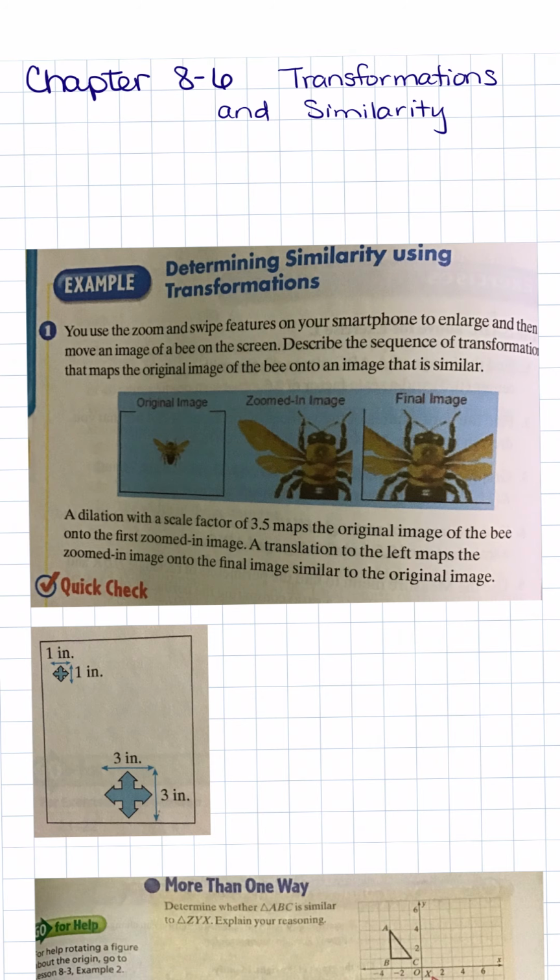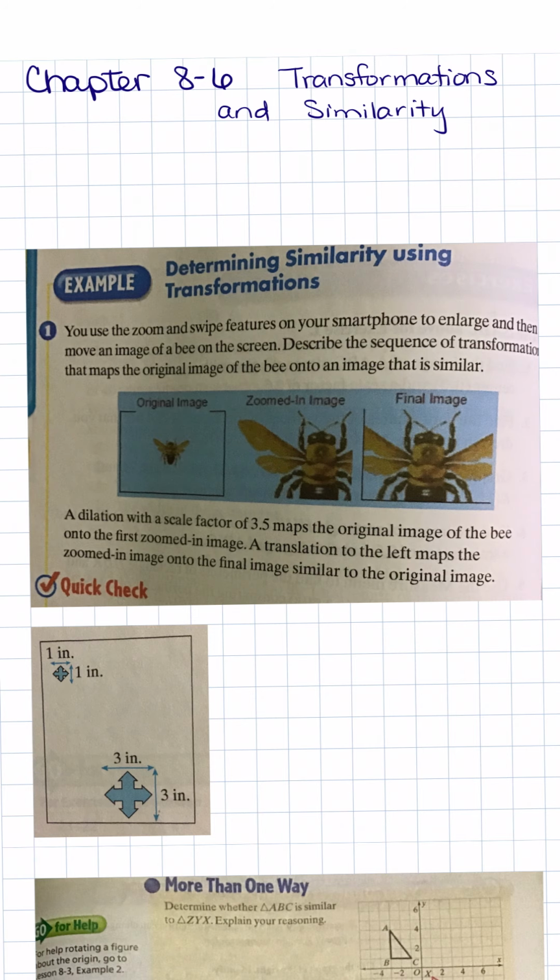When you use these two features together, the final figure is similar to the original figure. If two figures are similar but not congruent, then a dilation, or a dilation and a sequence of transformations, will map one figure onto the other.